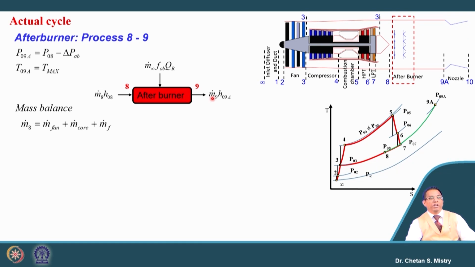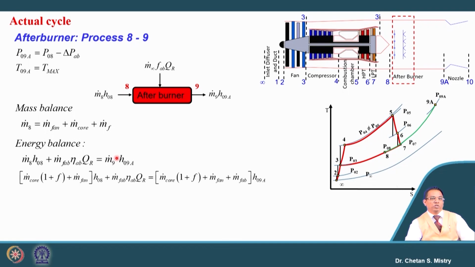This is our mass balance at the entry, and if we put our energy balance, it says m dot 8 H08 plus m dot FAB, and this will be burner efficiency into the calorific value of the fuel, and that is equal to my exit condition from the afterburner. So, let us try to put these numbers.